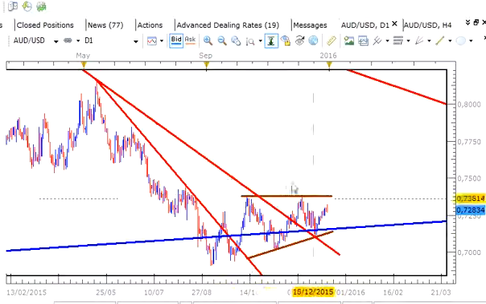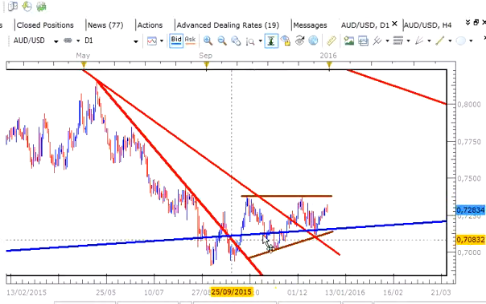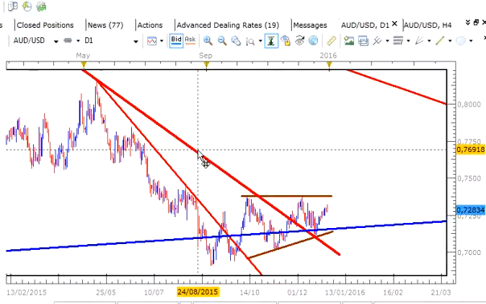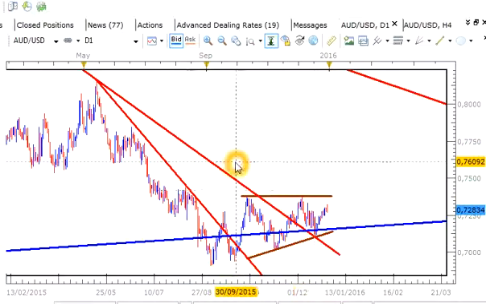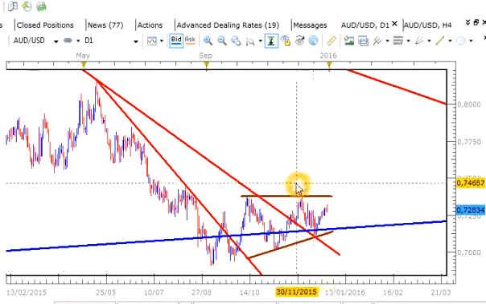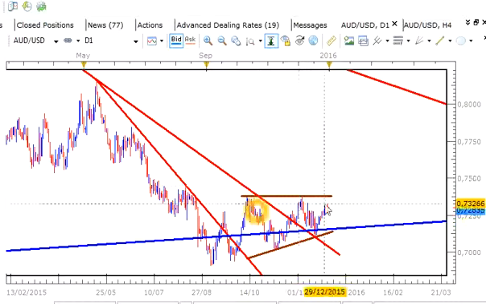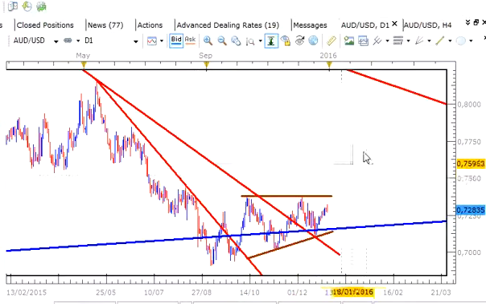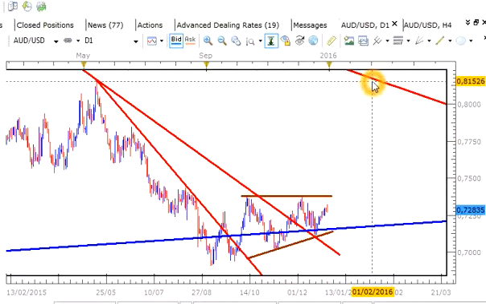So a pennant consolidation formation right at the crossroads of this outer uptrend line as well as this downtrend line. Right now we're actually above this downtrend line, so we could see the market rally, breaking this resistance boundary and start a movement that takes us towards this outer downtrend line.